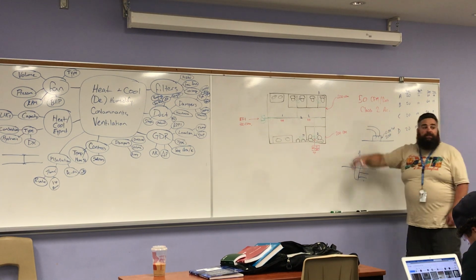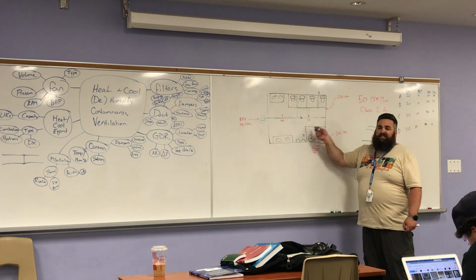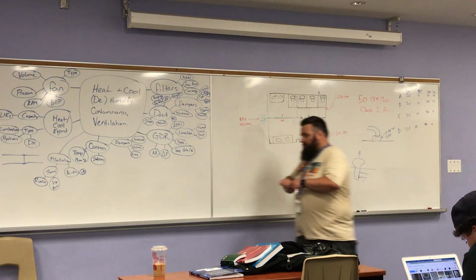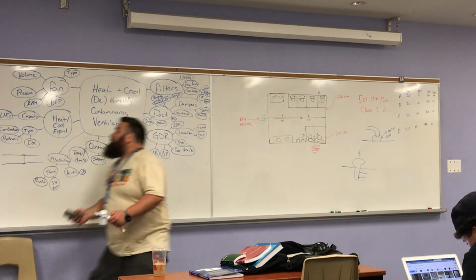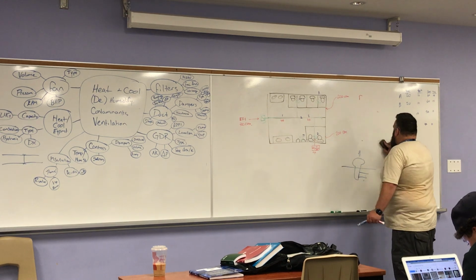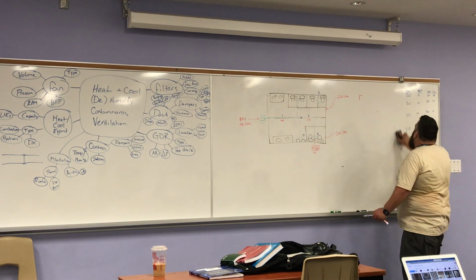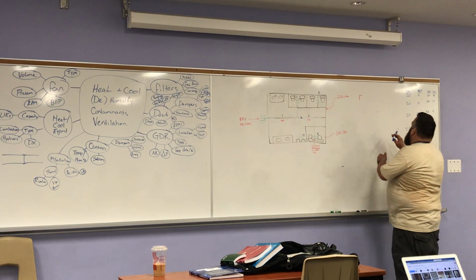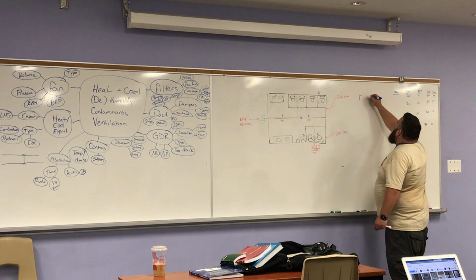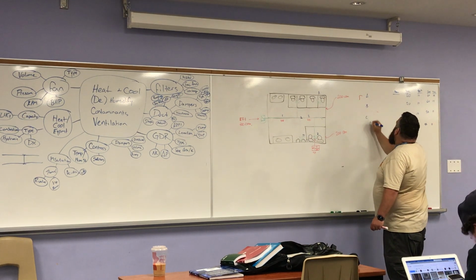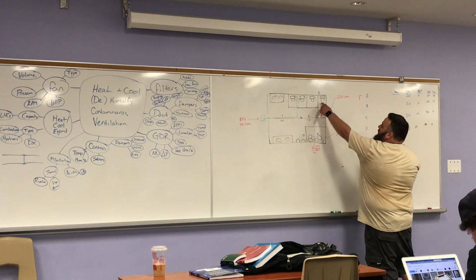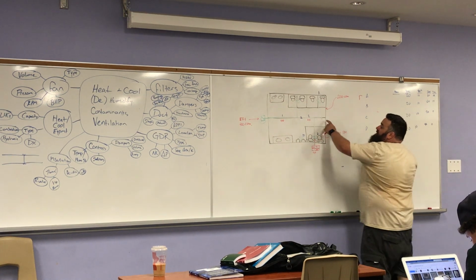We can add the lengths of the duct. Let's say each one of these is 10 feet. Let me make myself more room. So this is measured length, and this is A, B, C, D. So A is 10, and let's just say this is 40 feet.